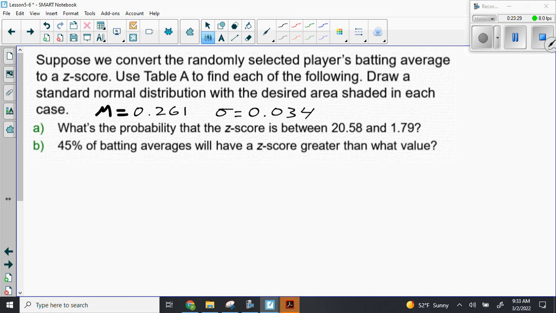I'm going to show you how to do this the long way, and then I'll show you how to do it with the calculator. So first thing I would do is I have to calculate 2 z-scores.